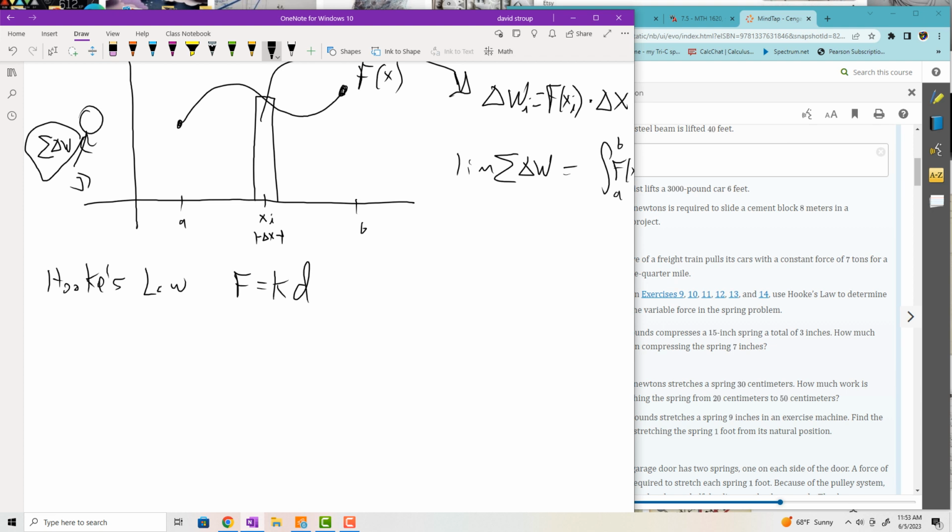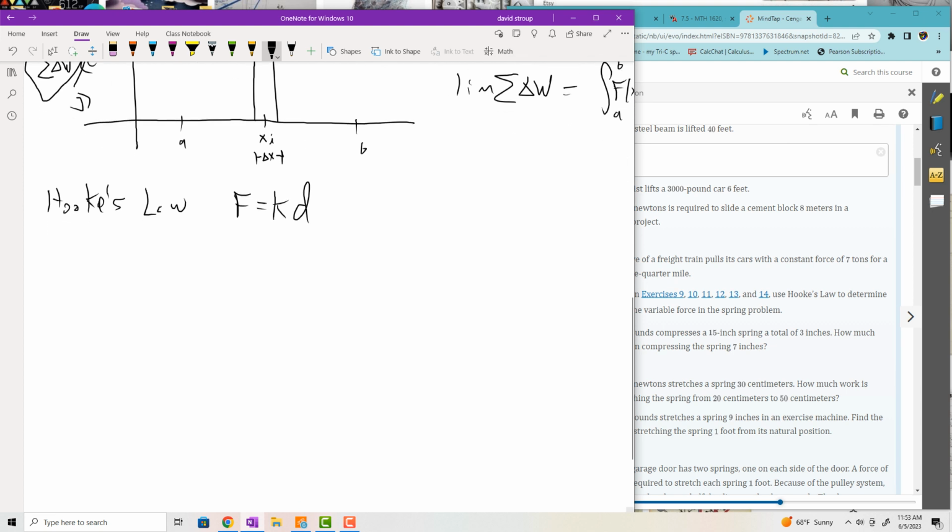The more you smush it, the harder it becomes to smush, and likewise, the farther you stretch it, it's proportional to that distance of displacement.